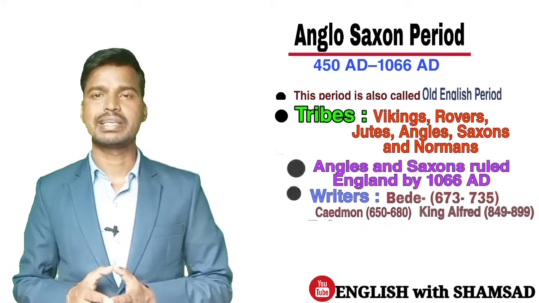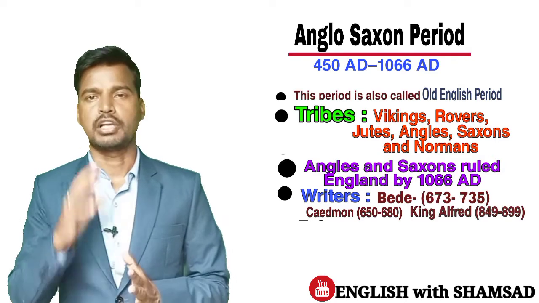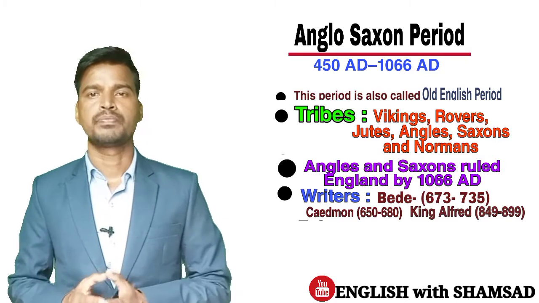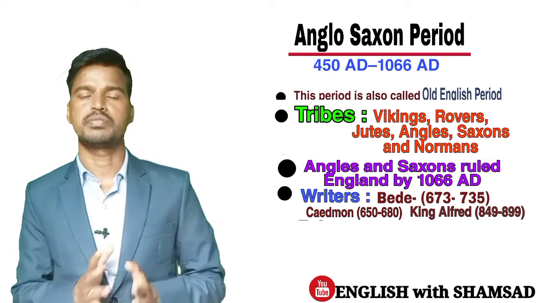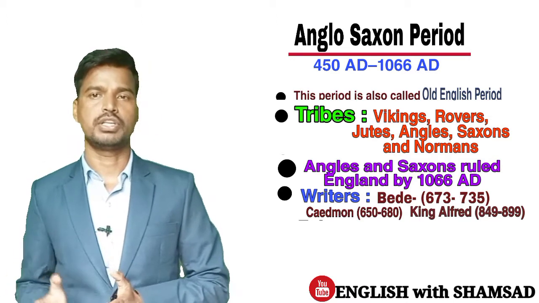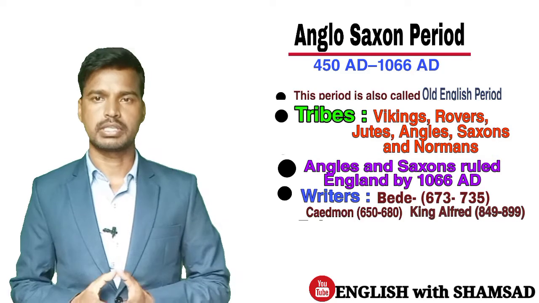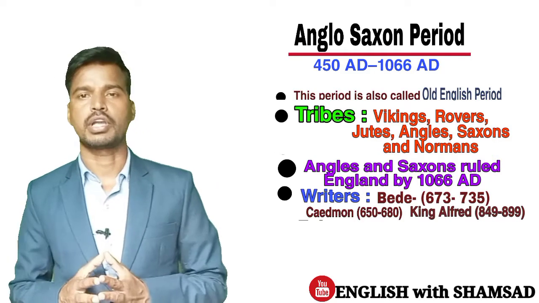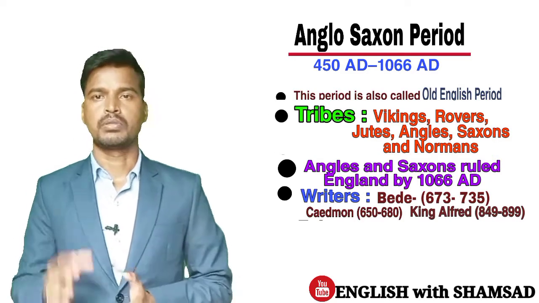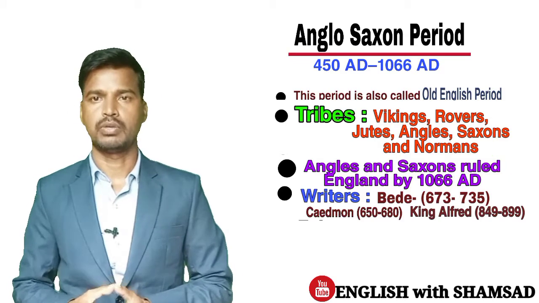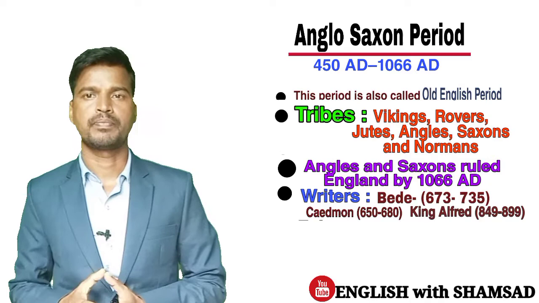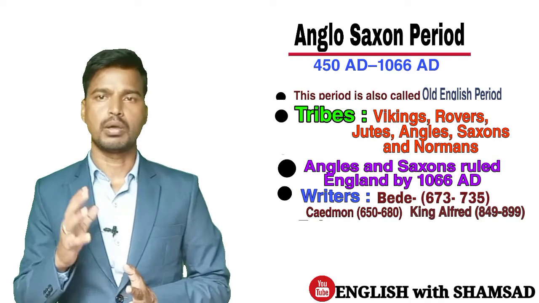Among those, Angles and Saxons started ruling up to 1066, that is the Anglo-Saxon period from 450 AD to 1066. Famous writers of this age: Bede, Caedmon and King Alfred, and one very famous epic poem is Beowulf, which is written anonymously.